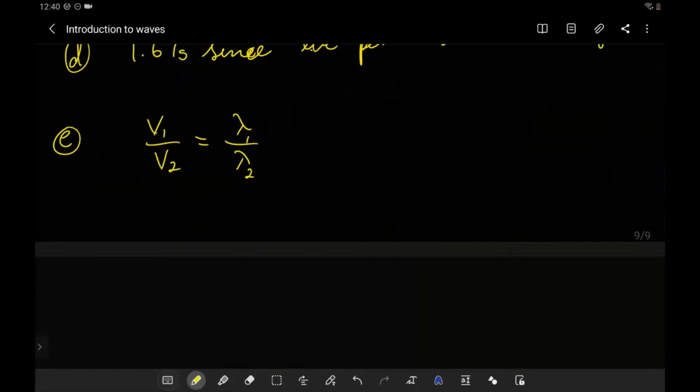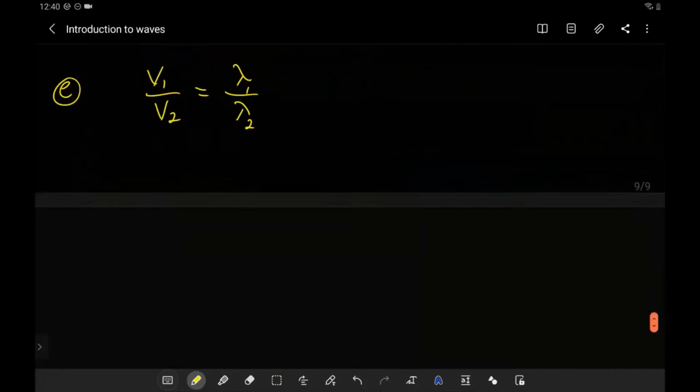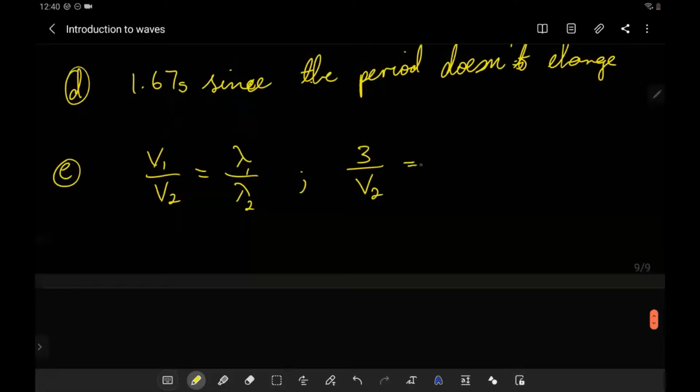So V1 we were given, that's 3. So you have 3 over V2, which is what we're trying to find, is equal to lambda 1, which was 5, and lambda 2, which was 4.